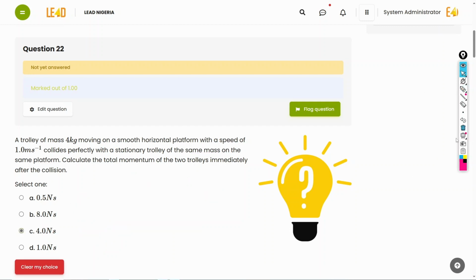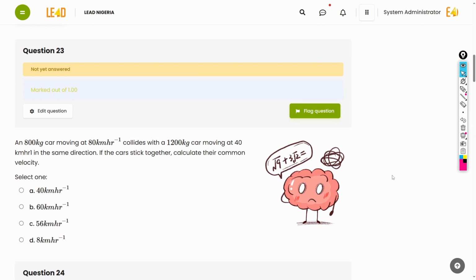All right. So 23. An 800 kg car moving at 80 kilometers per hour collides with a 1200 kg car moving at 40 kilometers per hour in the same direction. If the cars stick together, calculate their common velocity.